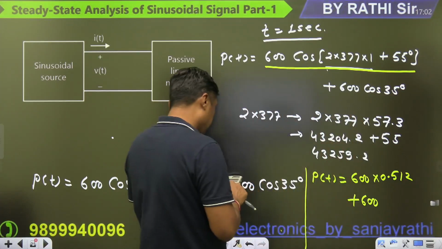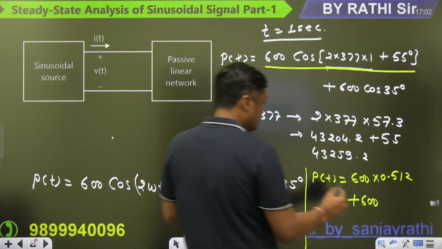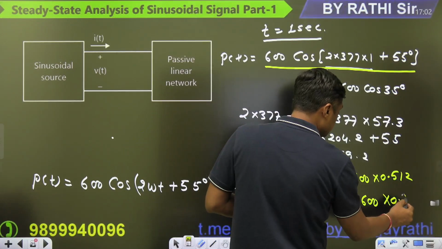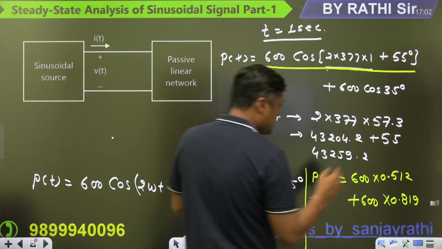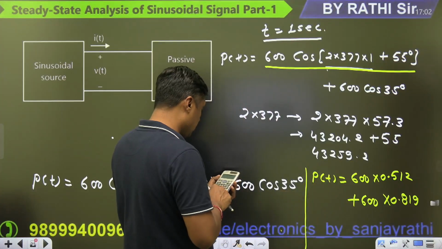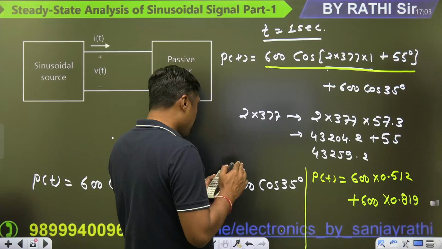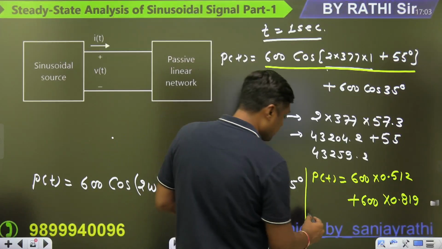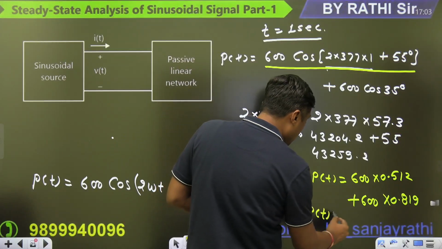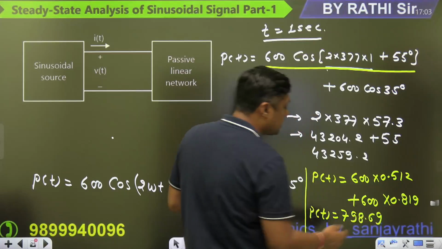What is cos 35? 0.819. And this is the instantaneous power: 0.819 plus 0.512, into 600, gives 798.69. This is called instantaneous power.